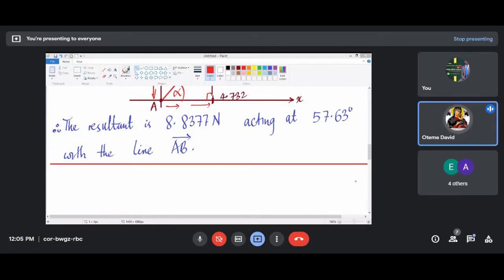Master, just to ask, is resultant the same as magnitude? Yes, the magnitude of the resultant force is the same as just the resultant force.